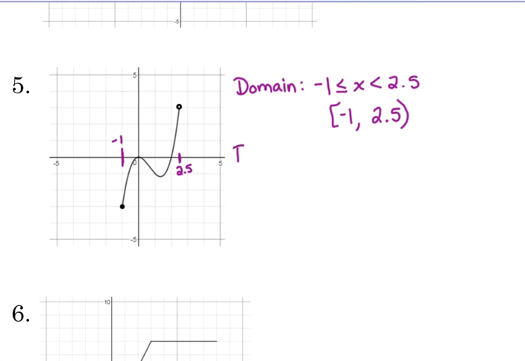All right, range. Let's look at these y values here. This is -3 down here, and we're at +3 up here. So -3 is our minimum. That one is equal to.